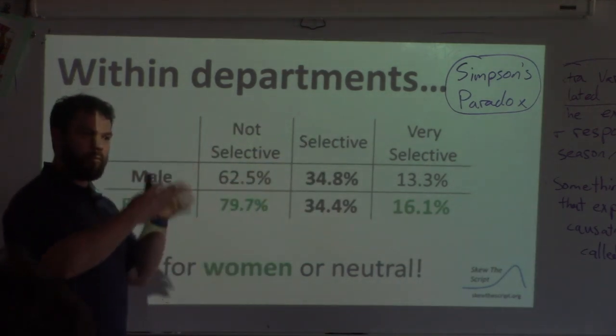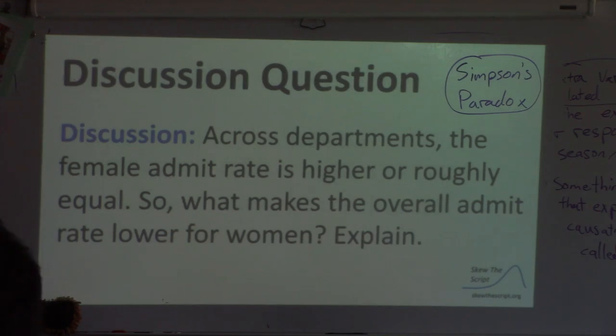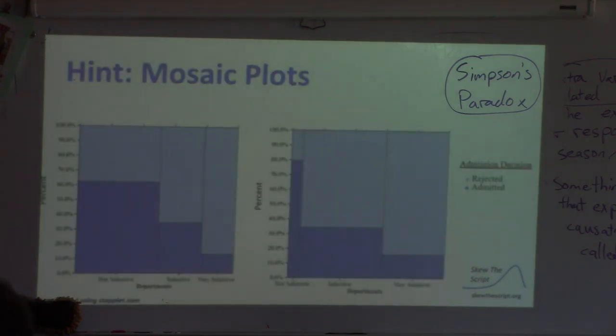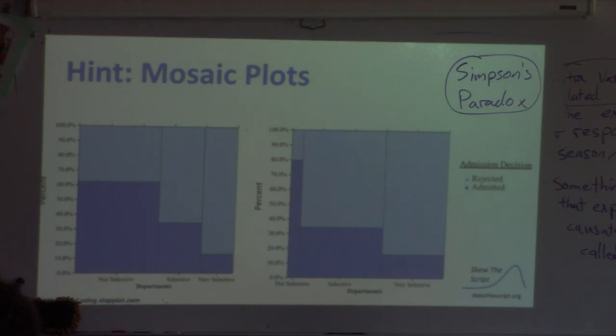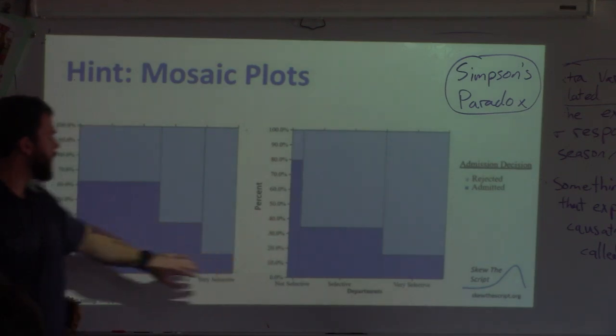So we broke it down on those conditions. So across the departments, female admittance rates are higher or roughly equal. So what makes the overall admit rate lower for women? Well, it was that idea right here. This is where a mosaic plot is phenomenal. Please notice, right here is why women had a lower admissions rate.